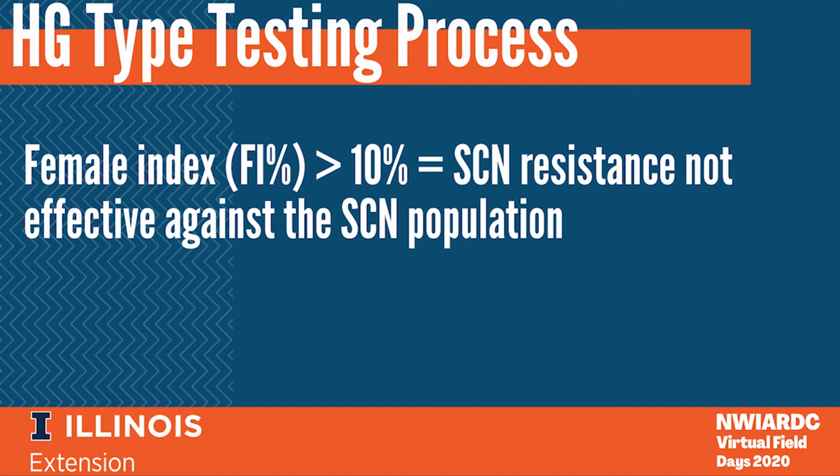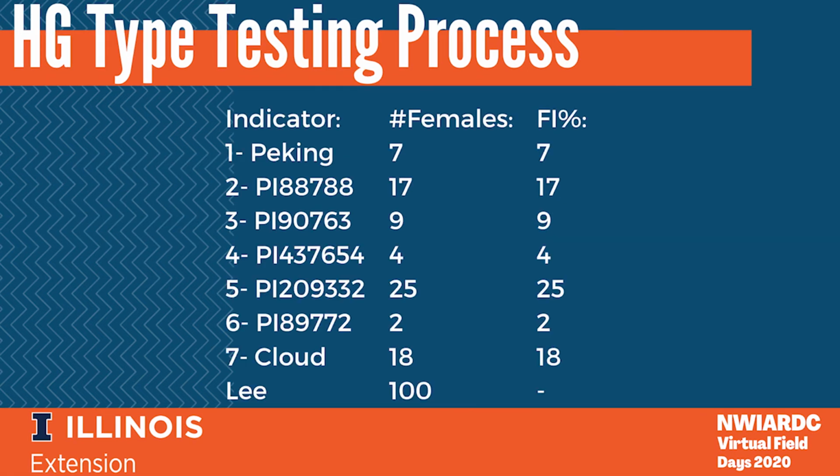So to break that down, say we have our indicators as well as Lee, and to make this simple, we're saying that we observed 100 females on Lee. So here the number of females is essentially the female index.